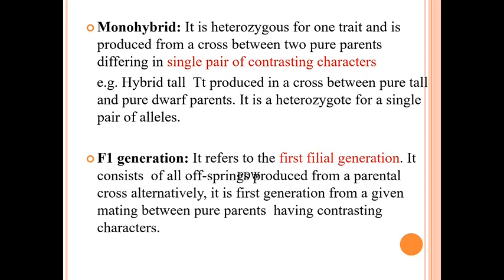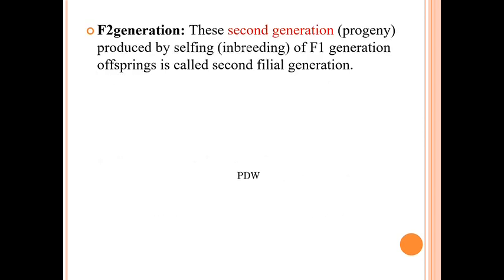F1 generation is also called the first filial generation. It consists of all the offspring produced from a parental cross. Alternatively, F2 generation is the second filial generation, or progeny produced from selfing of the F1 generation.